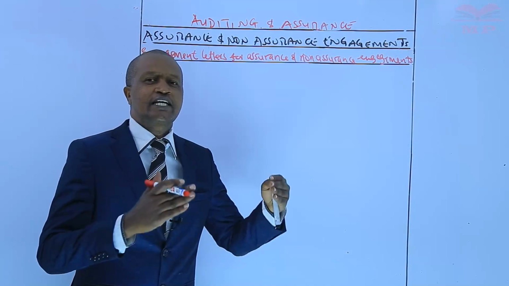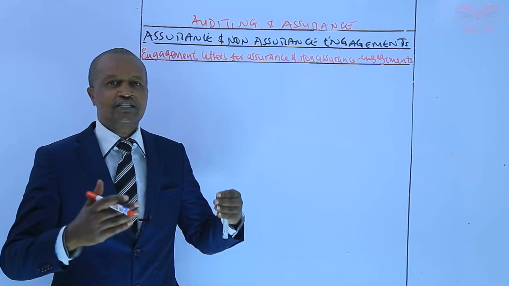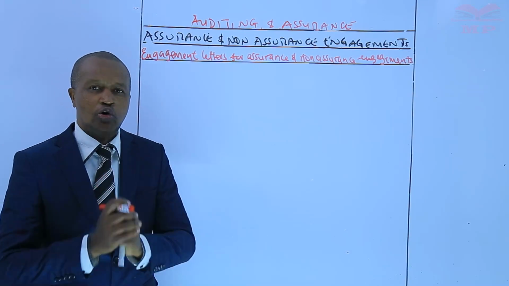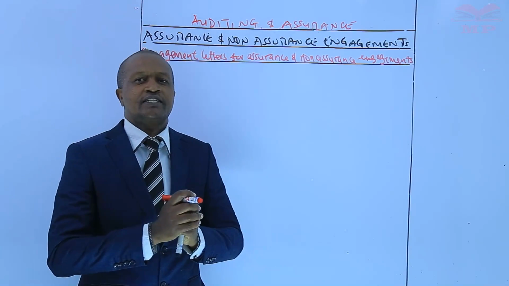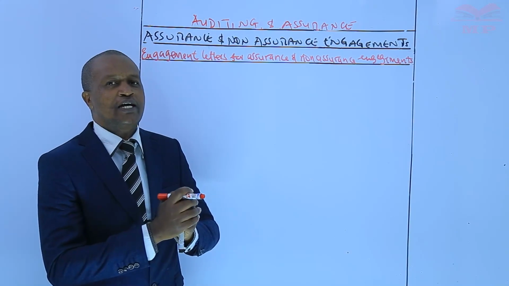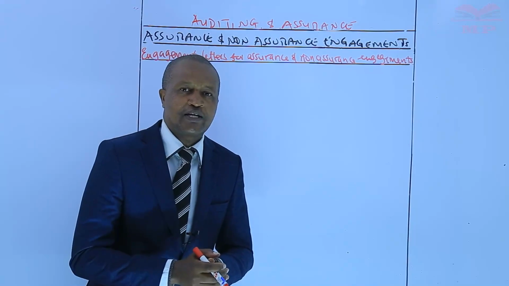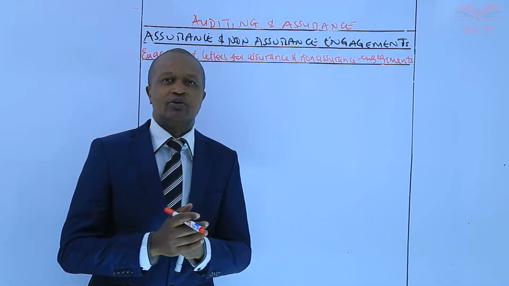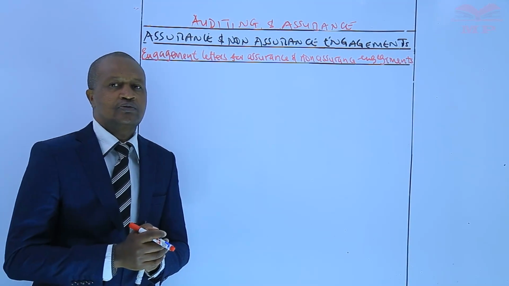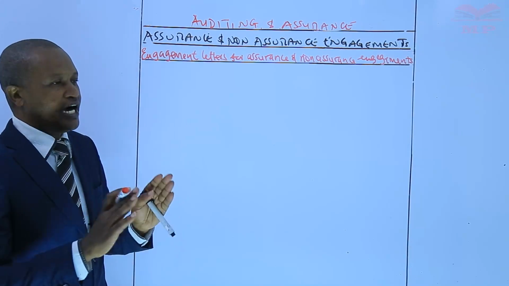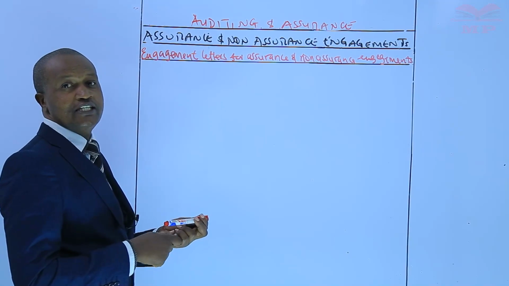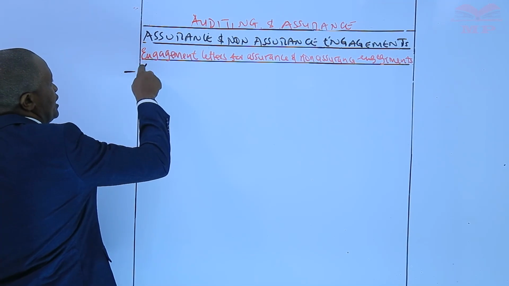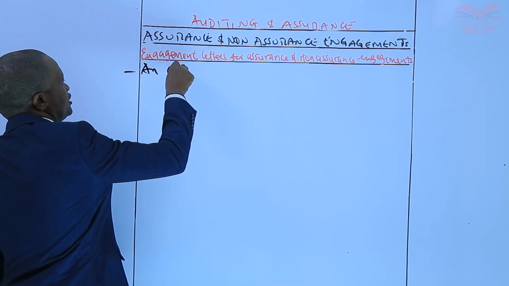Candidates, an assurance engagement letter is a written agreement or contract between an assurance provider, such as an auditor or an assurance practitioner, and a client organization. It is a written agreement.